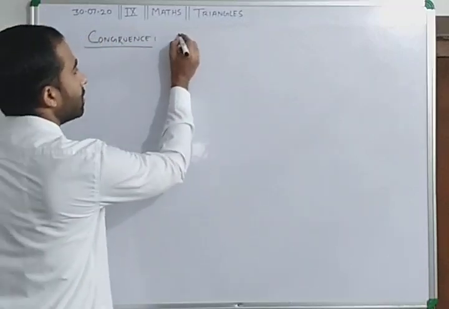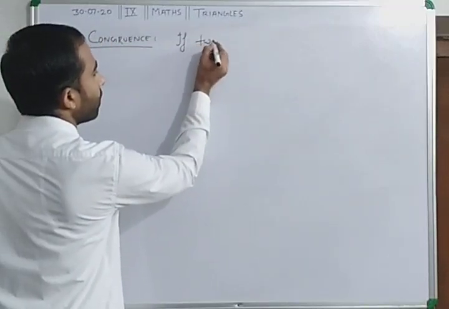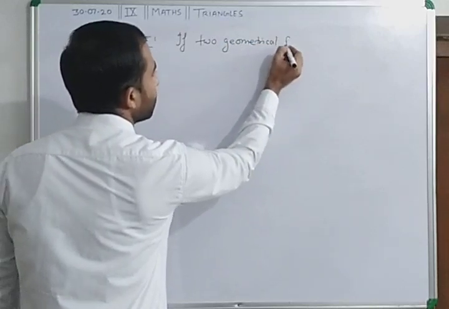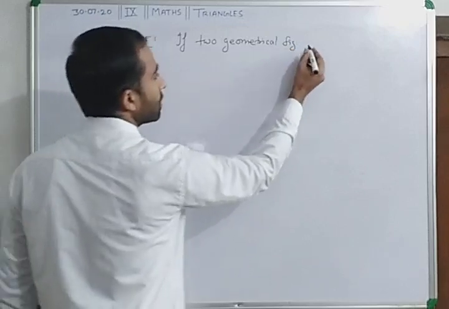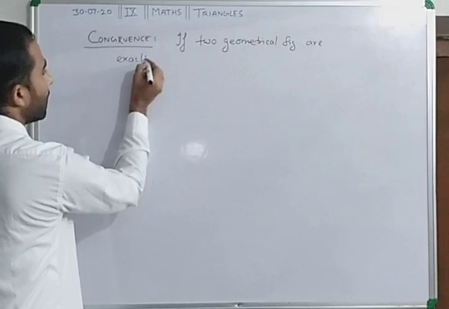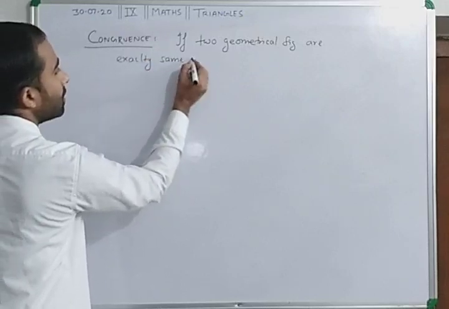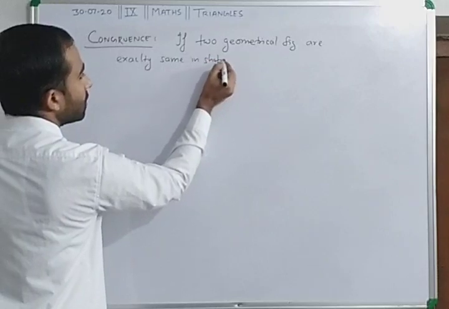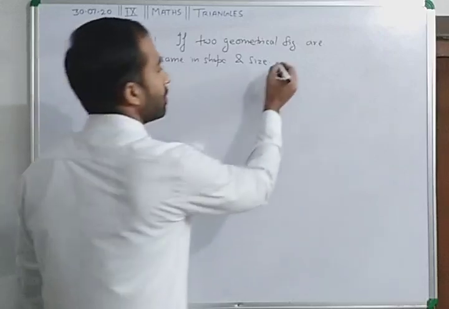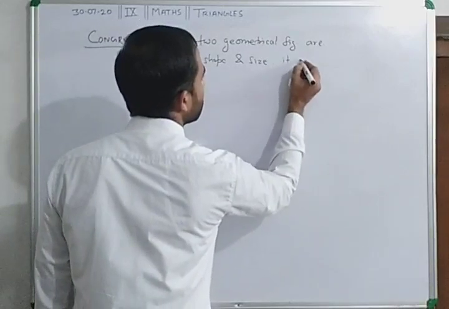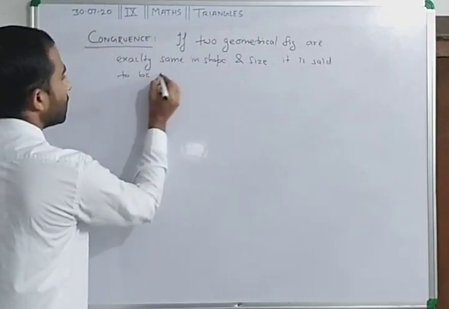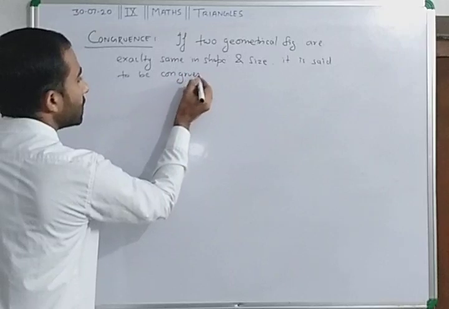It means we can write, if two geometrical figures are exactly same in shape and size, so it is said to be congruent.